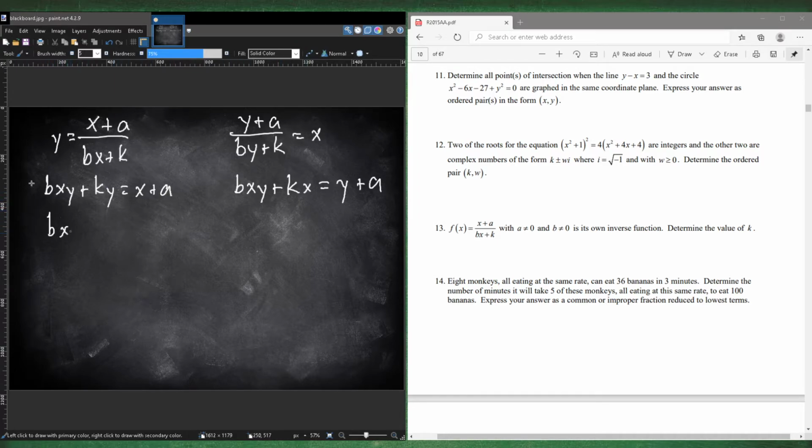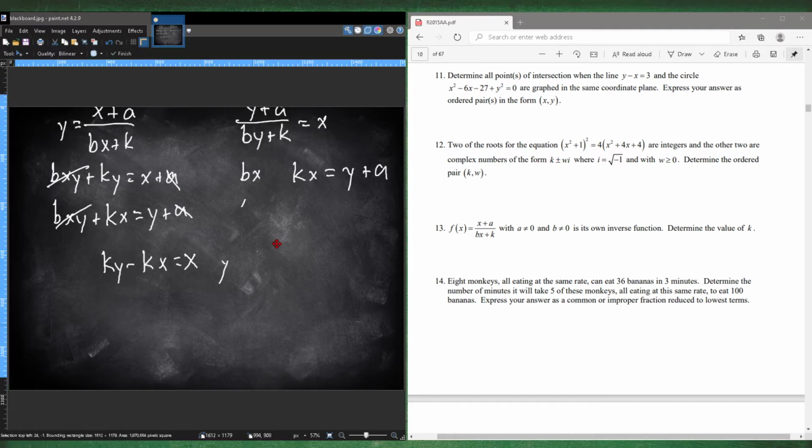So what we could do is subtract the second equation from the first equation. This term and this term cancel each other out. So you have ky minus kx equals x, and then the a cancels with that a, so we have x minus y.